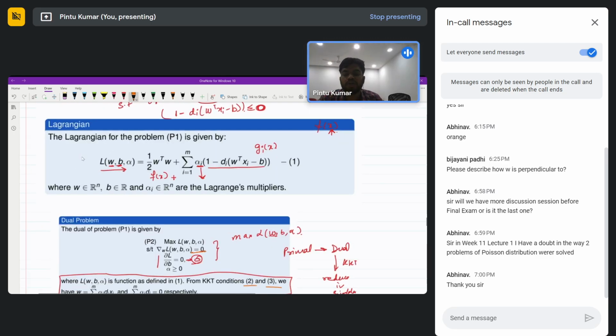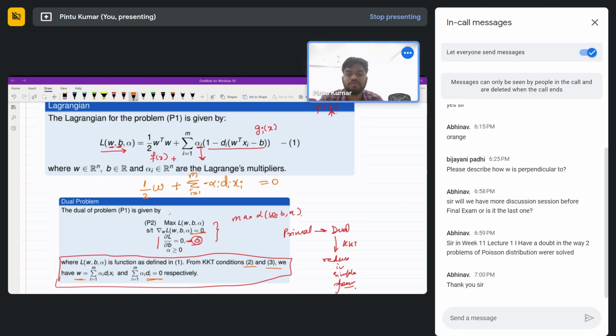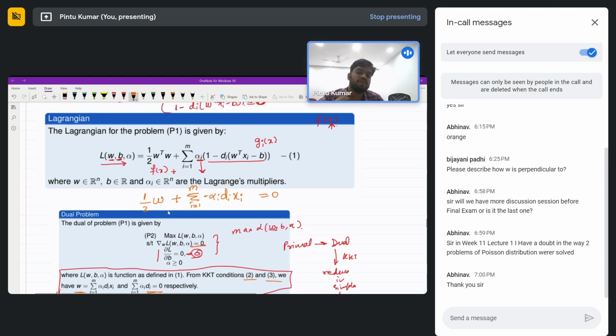If you take its derivative with respect to W, you will get W, and this term goes to 0, plus the summation from i equals 1 to m of minus alpha i di xi, and this is equal to 0.